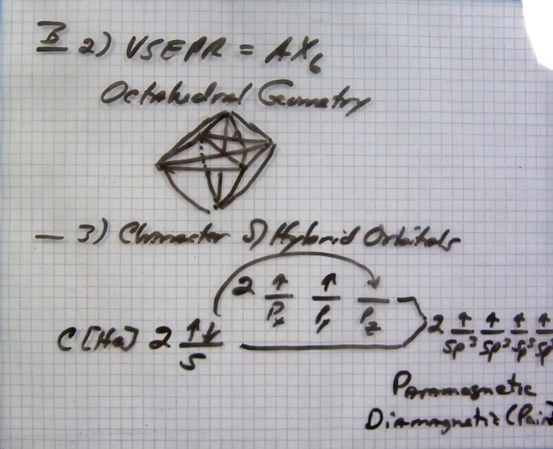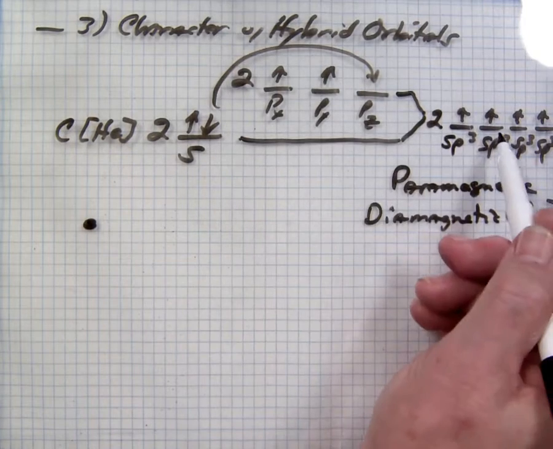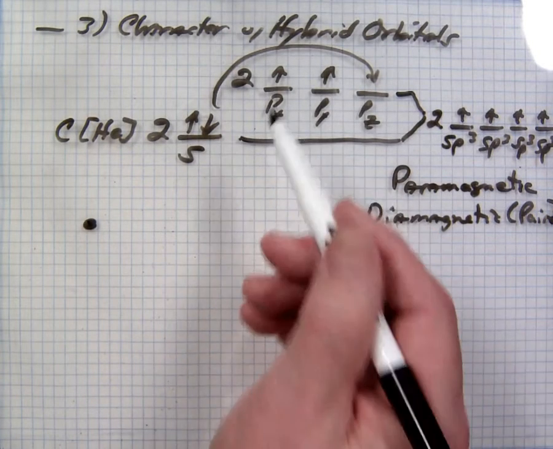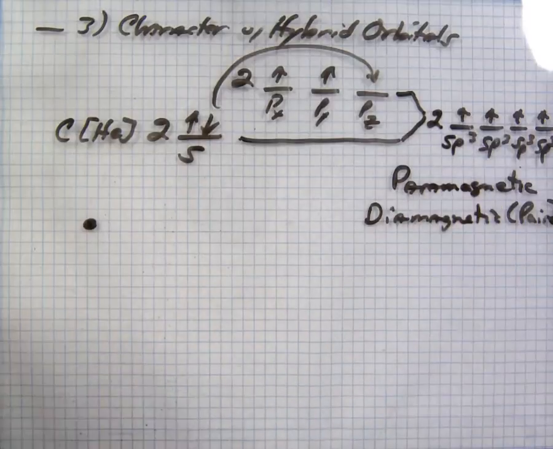So all of these would be listed as paramagnetic, and something's going to bond in each one of these. One of the things is that these are all the same energy. When this hybridization takes place, it's like dropping apples and oranges in a blender, I suppose, and out comes same energy.